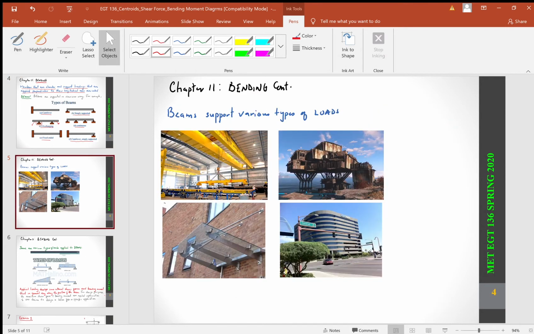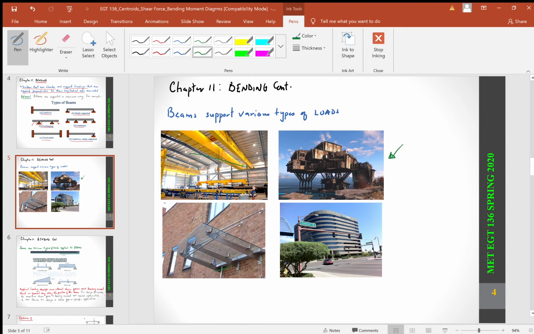And in terms of application, beams are used in different ways. You see here that this beam almost serves as a crane, which is used to pick up other beams in this particular factory. You can see here that we have these different types of beams that are used to hold up this structure.